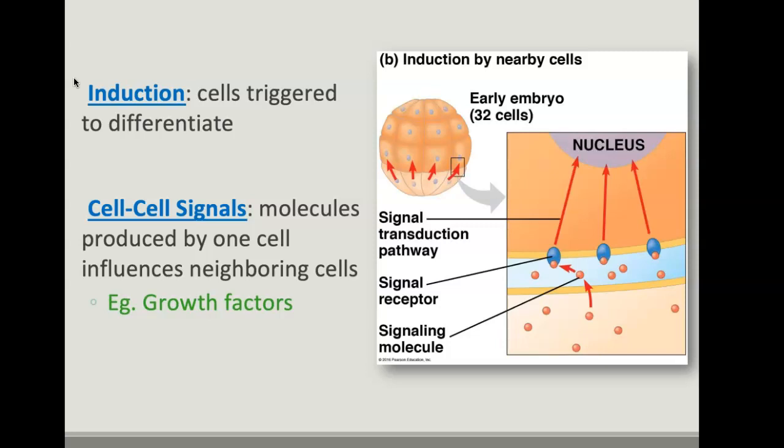There's cell-to-cell signaling going on, where molecules from one cell are influencing the neighboring cell to most likely grow and differentiate just like it. So having target cells with signals being received, that is another way that cells can differentiate.